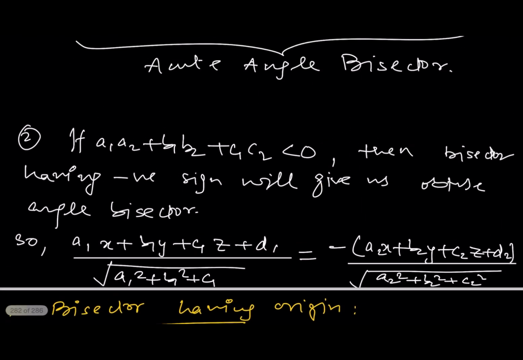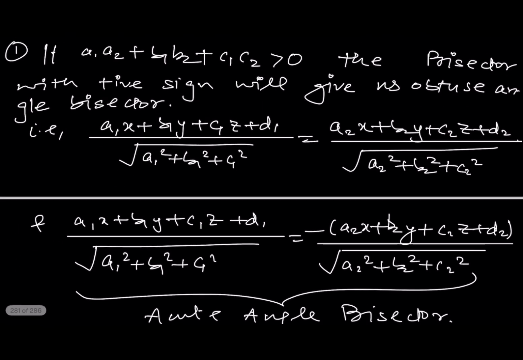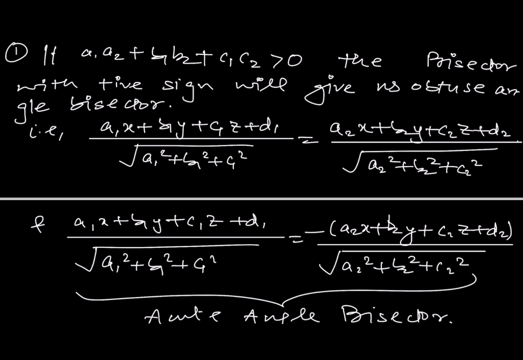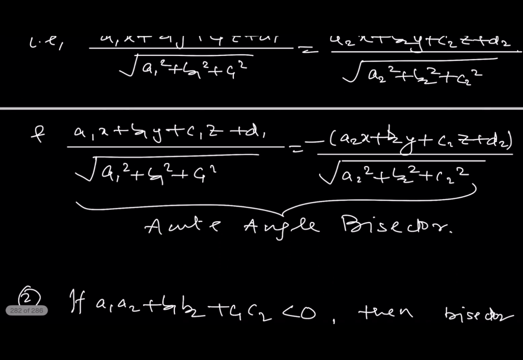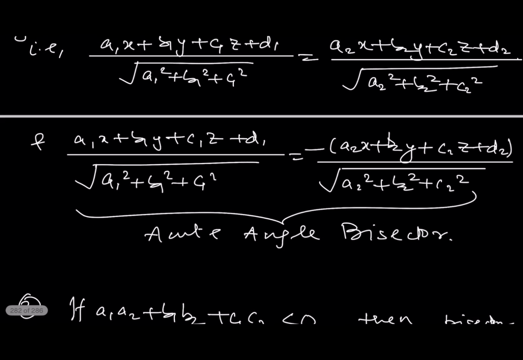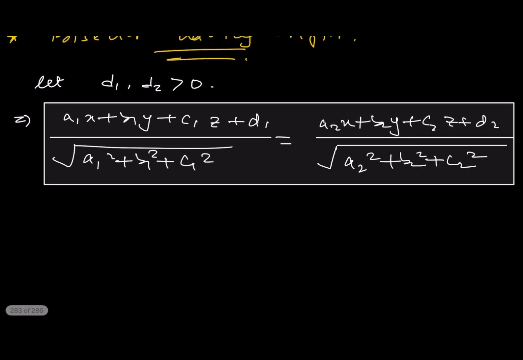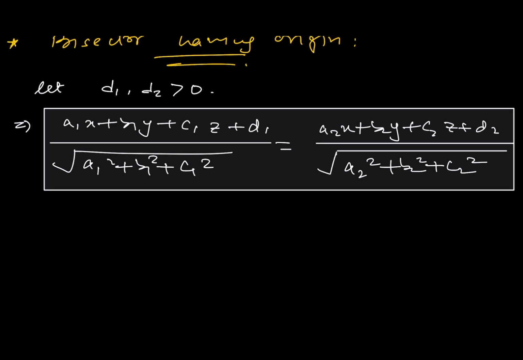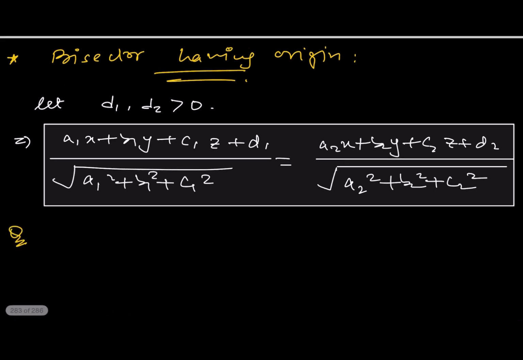In this video we are talking about which one takes the minus sign and which the plus sign, right? Okay, now let us take a question to illustrate these points.